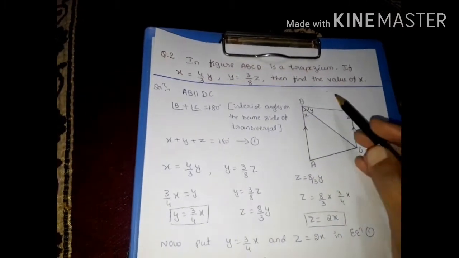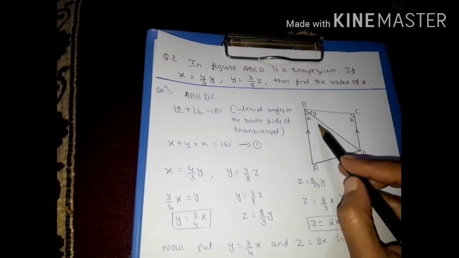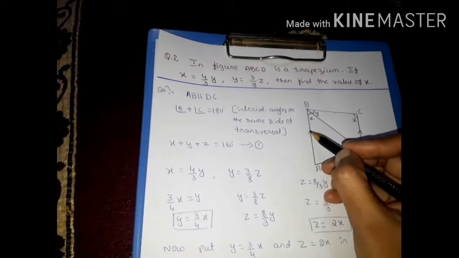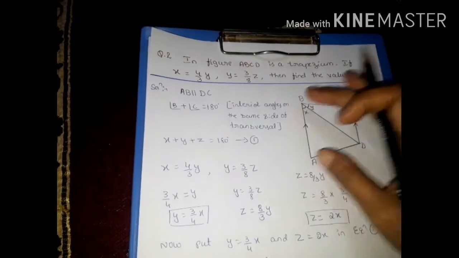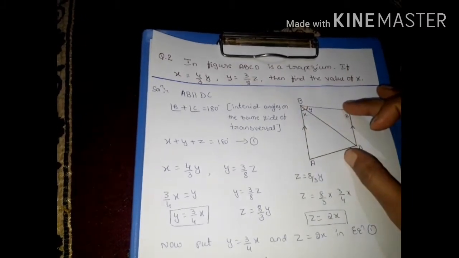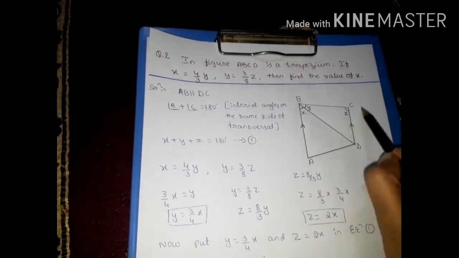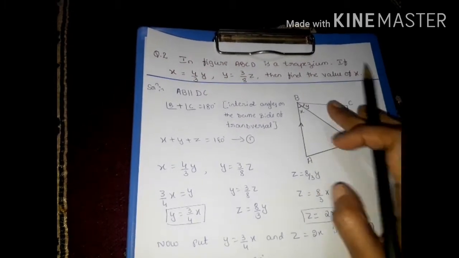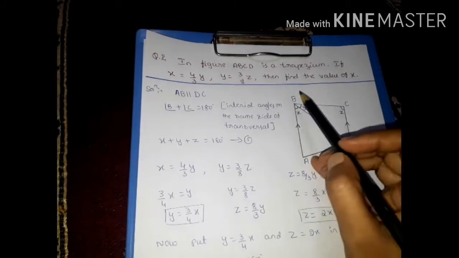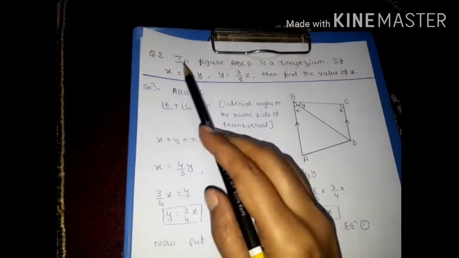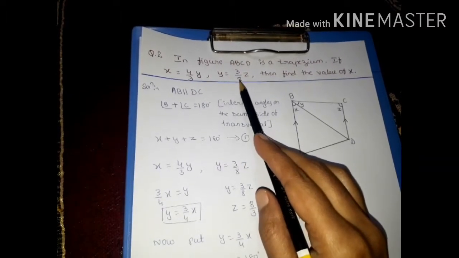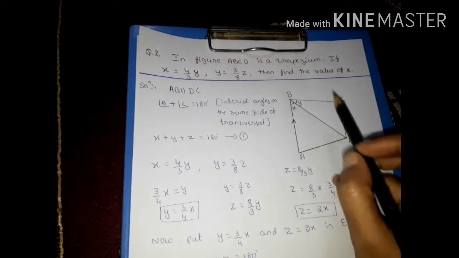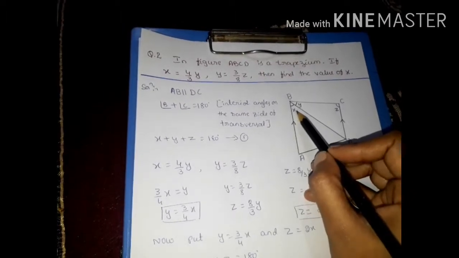In the figure, ABCD is a trapezium, and the arrow marks given for AB and CD indicate these two lines are parallel to each other, and BC and AD are the other pair of non-parallel sides in a trapezium. Here they gave x equals 4 by 3y, y equals 3 by 8z. You have to find the x value, only the x value.